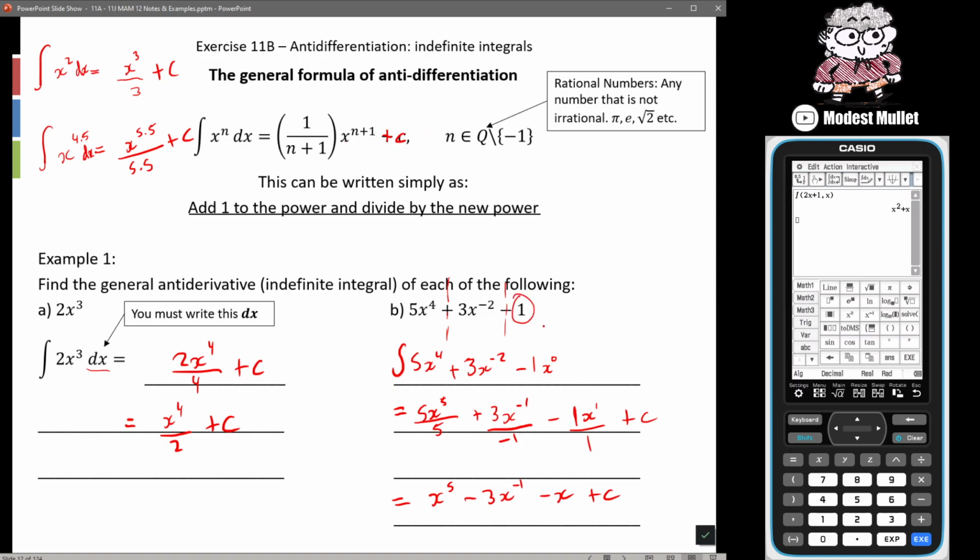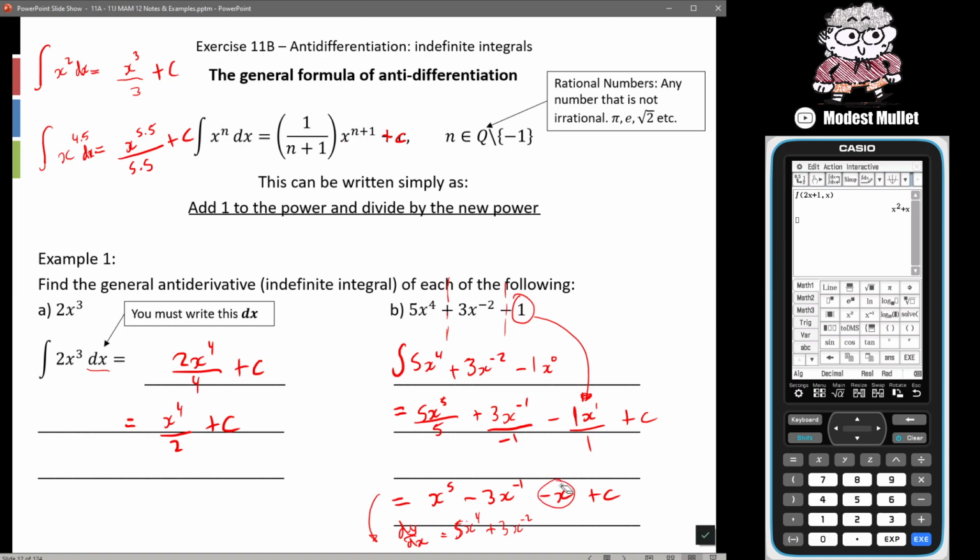Whenever you have a constant, when you anti-differentiate it, you're going to end up adding an x in. Because if we differentiate this now, dy dx is going to equal, multiply by the power, take 1 from the power, so that becomes plus 3x, take 1 from the power.